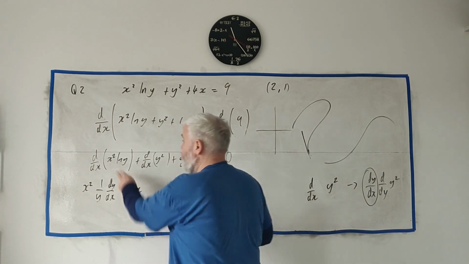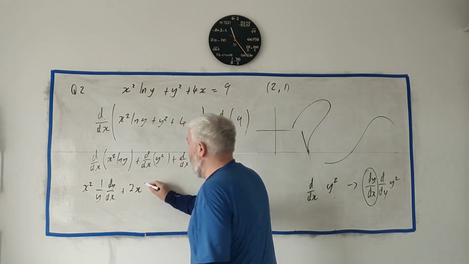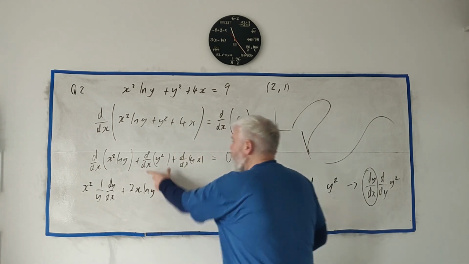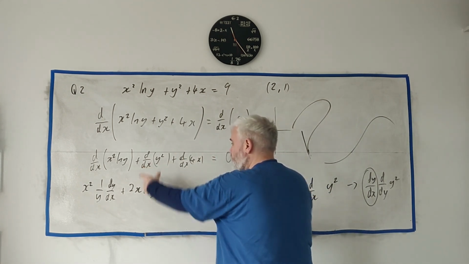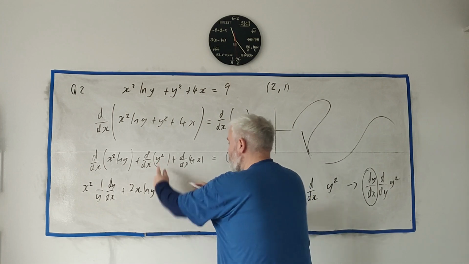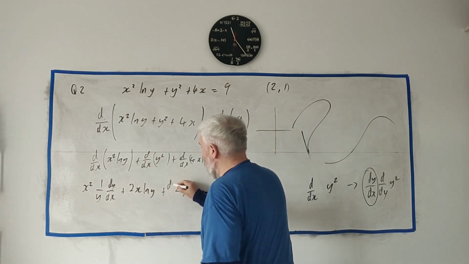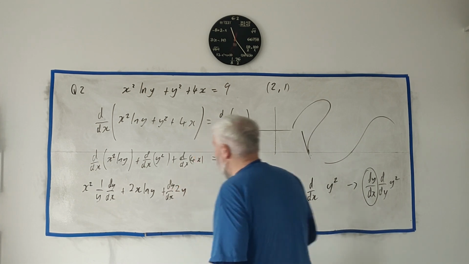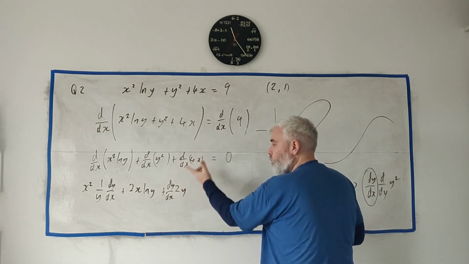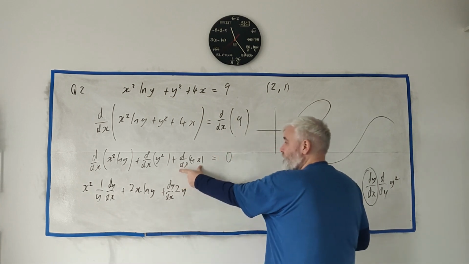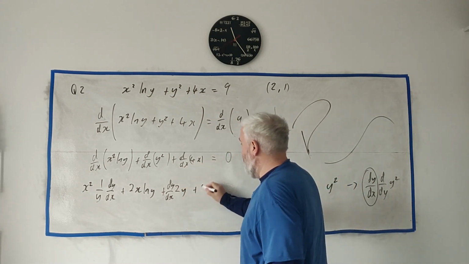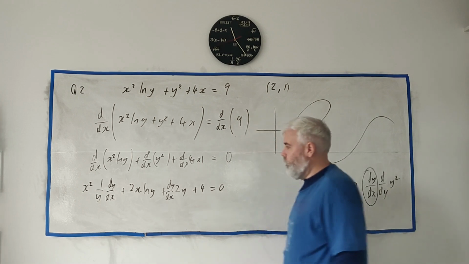The derivative of the first term, 2x, and leave the second one alone, natural log of y. This one here, we'll have to use the chain rule. So we'll get the derivative of this is just 2y with respect to y. And then we'll have to multiply it by dy dx. Last one, no chain rule, no product rule, just differentiating 4x, and that becomes 4, equals 0.